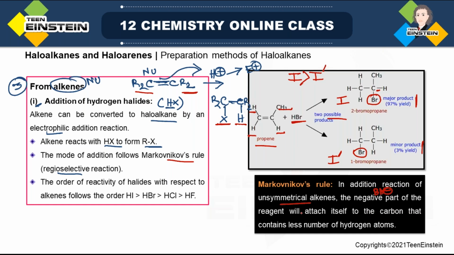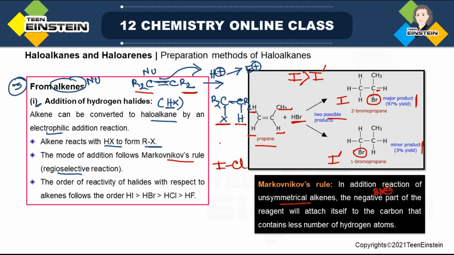So here with H and Br, obviously Br is the negative part. If it is HCl, Cl is the negative part. But suppose the reagent is not HBr, suppose the reagent is ICl, then what will you do? Because both are halogens. Now look carefully.